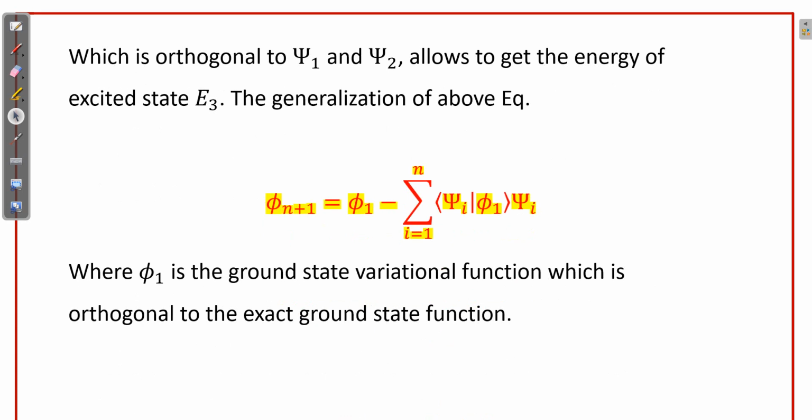By generalization of the above theorem, the trial wave function of the n plus 1th state is orthogonal to the exact wave functions of the ground state, first excited state, second excited state, up to the nth excited state. In this way, the upper bound energy of the n plus 1th state is determined by use of this trial wave function. This is the end of my lecture.